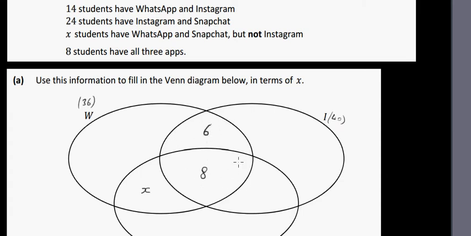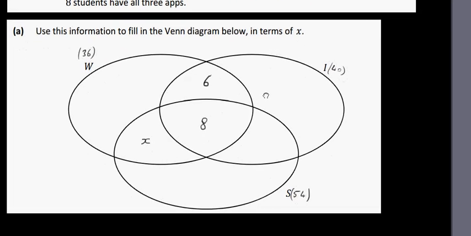So this is my 14 students who have WhatsApp and Instagram. 24 students have Instagram and Snapchat. So in here there should be 24. We've accounted for 8, so that means we must have 16 here. 16 and 8 will give me the 24 students who have Snapchat and Instagram.